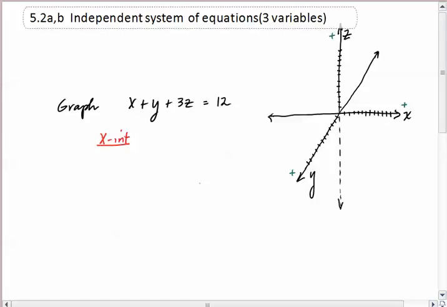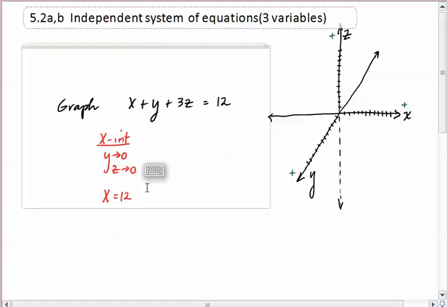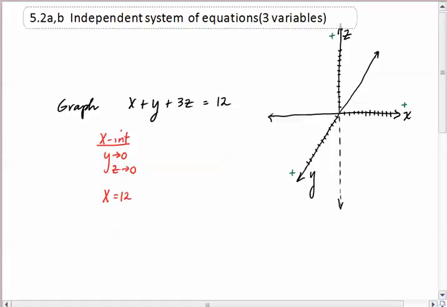In other words, make the other variable 0. Well, I do the same thing here. I make the y a 0 and the z a 0, and I find what the x-intercept is. Well, you can tell that that's just going to leave me x is 12. So I'm going to go ahead and put a dot right there at x is 12. I've already counted those off, and that's 12 right there. And to the right is the positive side.